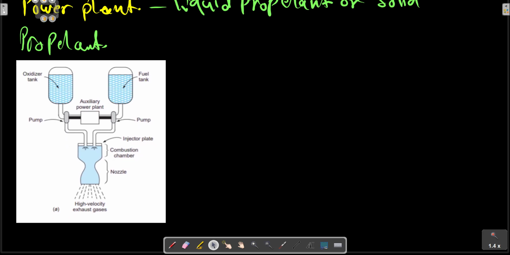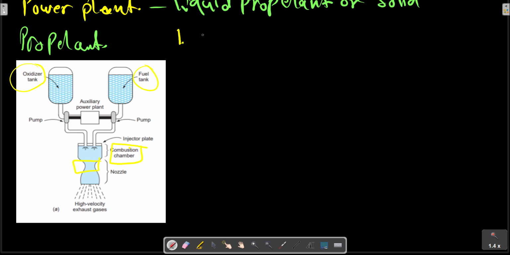Oxidizer here and fuel tank pumped to the combustion chamber, where combustion takes place at high pressure. The high pressure, high temperature products of combustion expand as they flow through a nozzle.